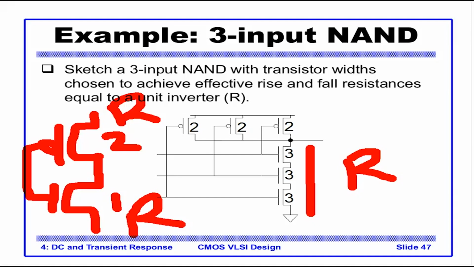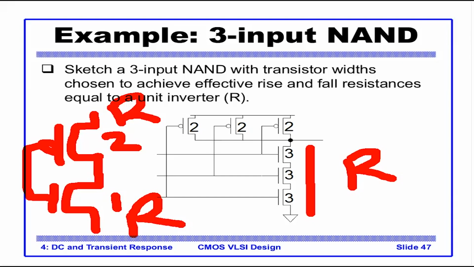It's parallel, so only one is on at one time. If one is on, the resistance is a single PMOS on resistance, equivalent to the single PMOS resistance of an inverter. So it should also be R. So the PMOS is twice as wide.